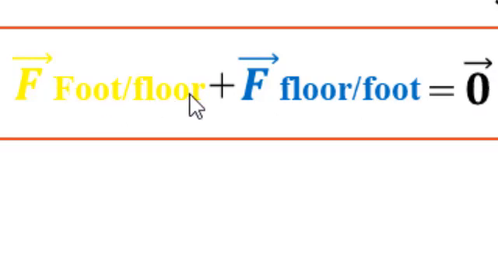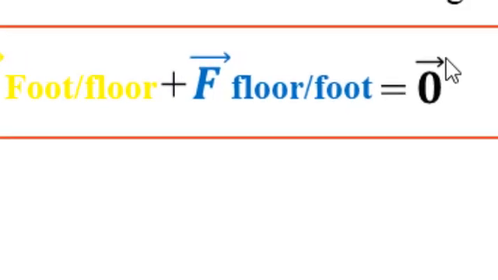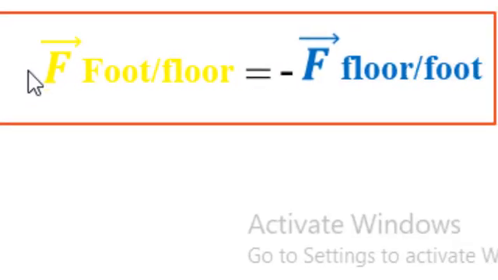This relation is called the vector relation between these two forces of interaction. Don't forget to put the vector in this relation. We can also express it in this way. These are two forces of interaction. They have equal magnitudes but opposite directions. Don't forget this minus just to show the opposite direction.